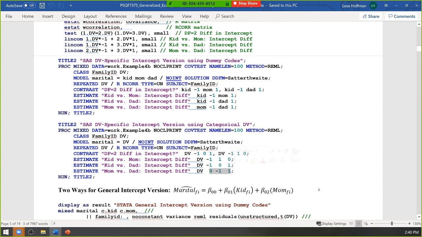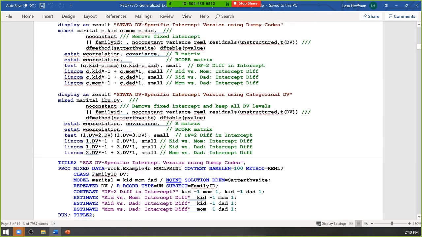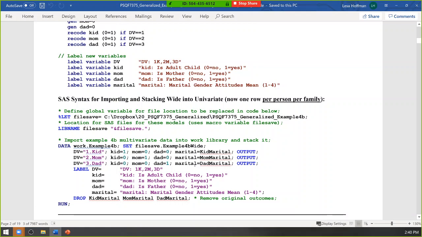And how do I know which is which? It's the order in the data. So DV currently has a labeling system. A labeling system that I did by cheating. I made it a string variable.